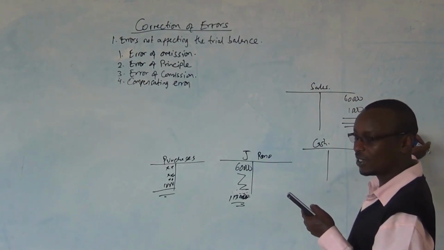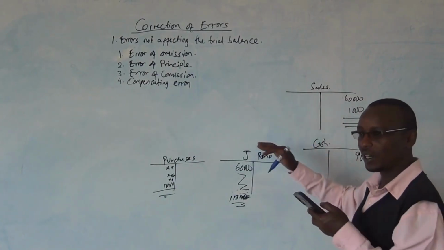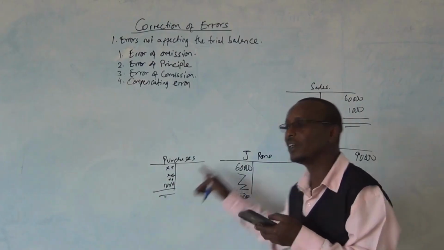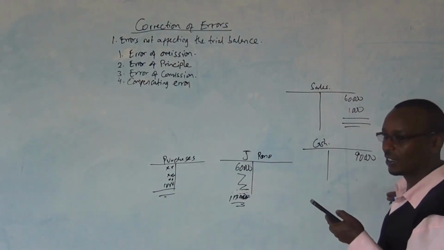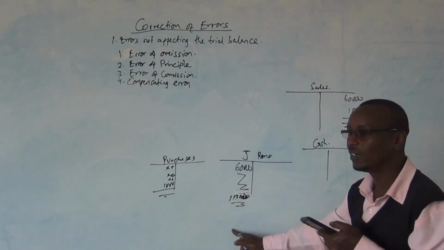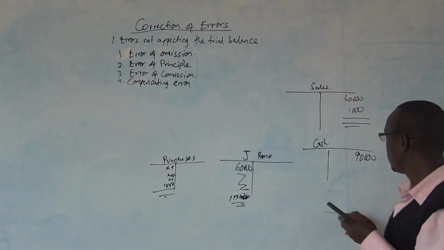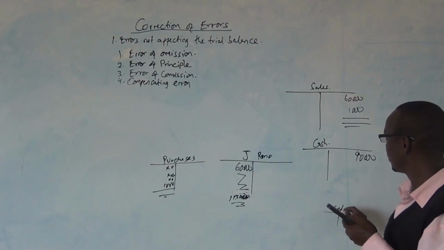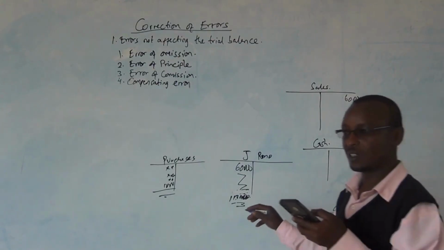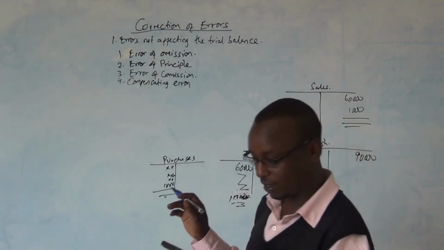Incidentally, that is when the compensating error comes. An account with the debit side and an account with credits. So you can happen to overstate these debtors and at the same time you overstate the creditors, or understate, whichever the case. Yeah, that is a compensating error.